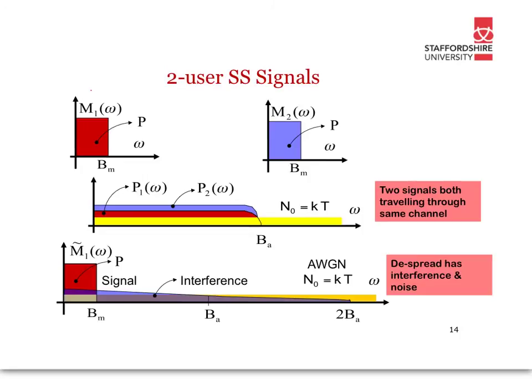And again, the noise is only effective at this bandwidth, not the entire bandwidth. So this is how we can have multiple channels travelling through the same channel. If they are totally orthogonal, then this multiple access interference would not have any effect whatsoever. It would just be the same as the noise.